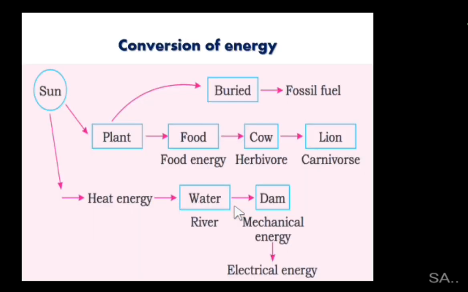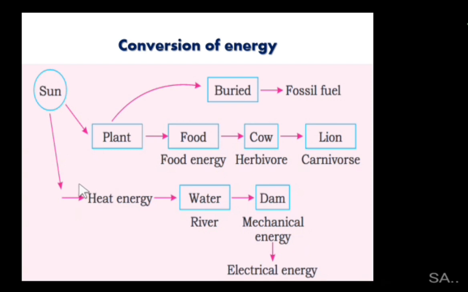Well, before moving towards bioenergetics, we'll see how the conversion of energy takes place. The main source of energy on our planet is the sun. Our planet is getting the energy from the sun in the form of light and heat.